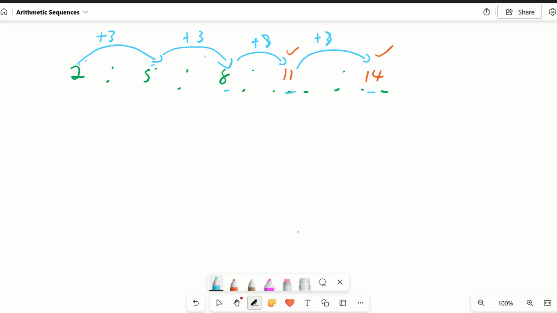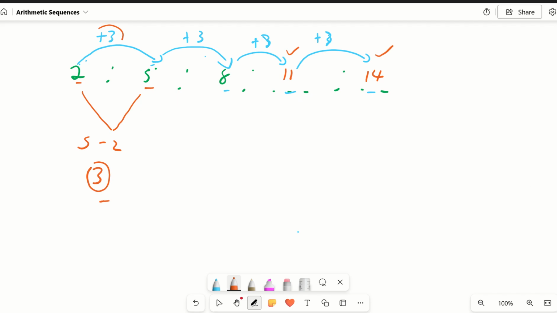Now, sometimes you may not see with the naked eye that the number they add between successive terms is 3 or whatever it is. If you can't see that immediately, there's always a shortcut. What you do is you go the next number minus the previous number. 5 minus 2 gives you an answer of 3.